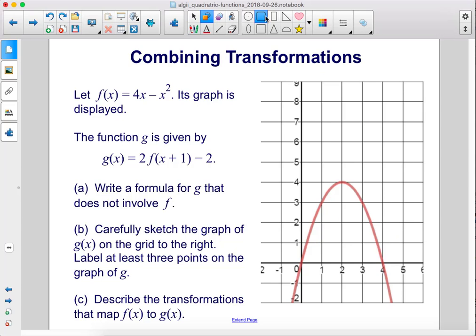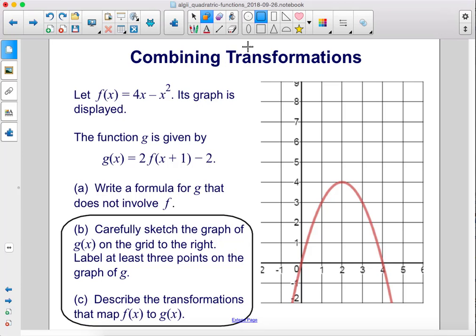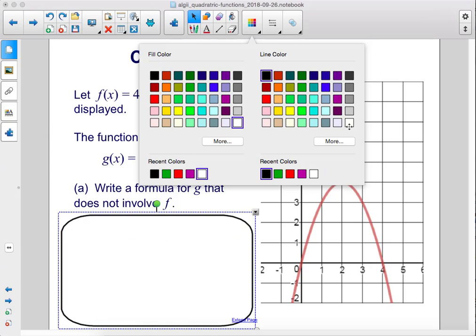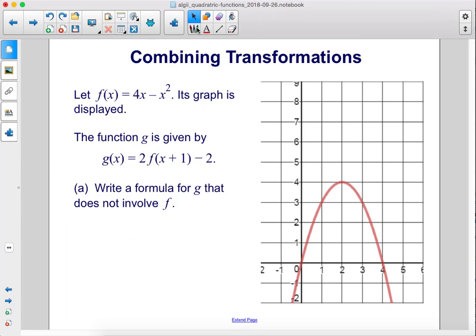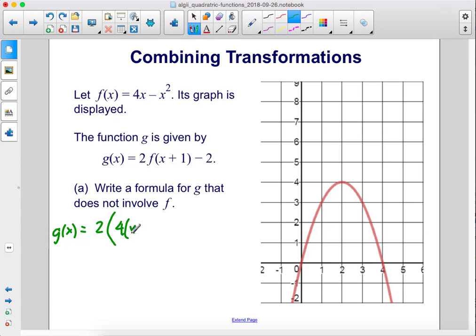All right, so first I will write the formula. So I'm going to cover these up to give myself a little extra room. All right, so we are going to figure out what this is. So it's g of x equals 2 times f of x plus 1, which is 4 times x plus 1 minus x plus 1 squared, minus 2.